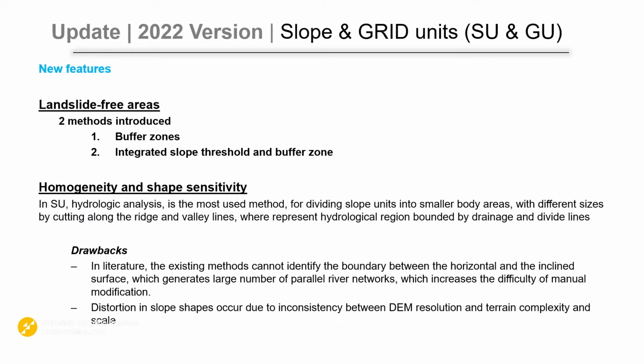So to start with the new features, first of all, we introduce here two methods for extracting landslide-free areas. As we know, when we deal with machine learning, we need to have our binary data, which is presented by 1 and 0.